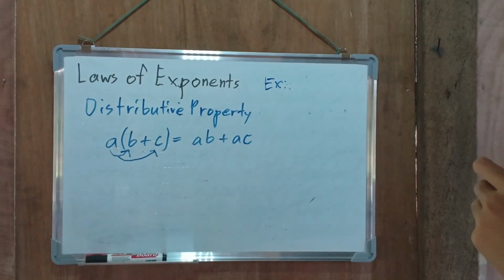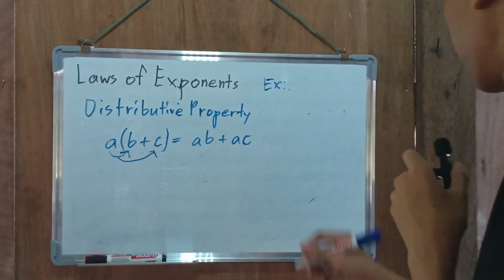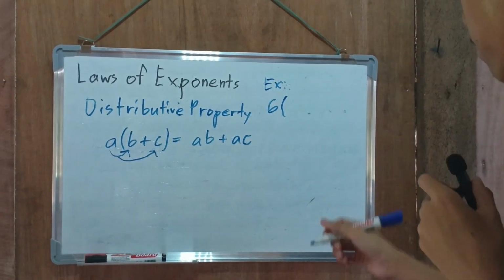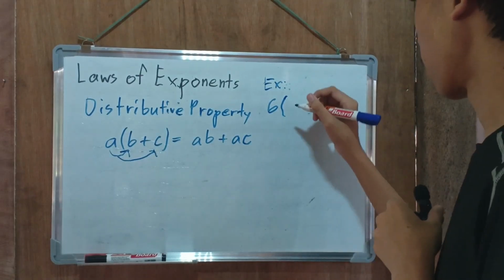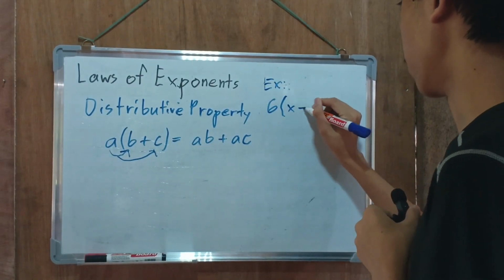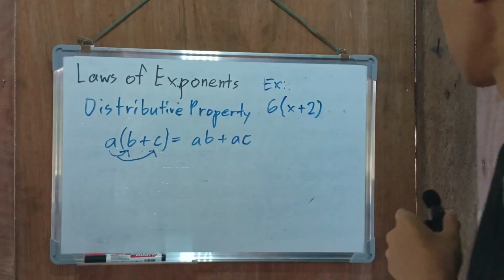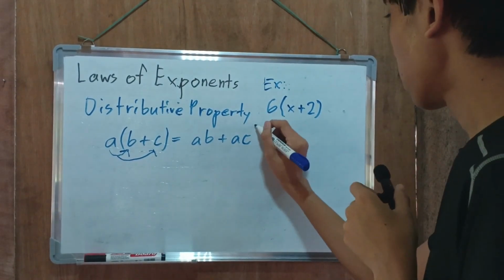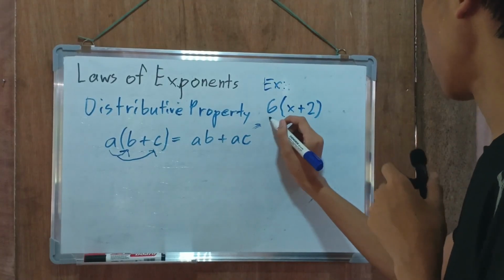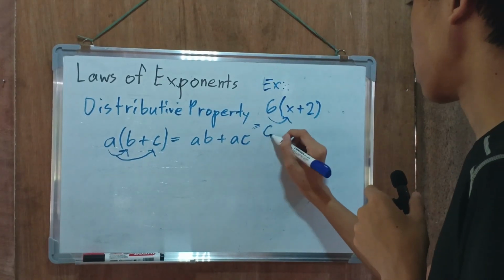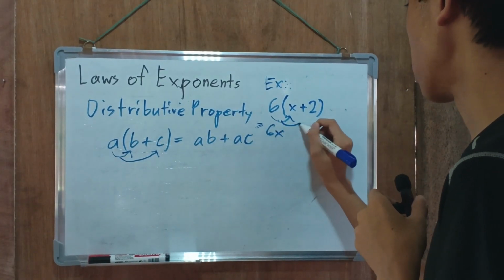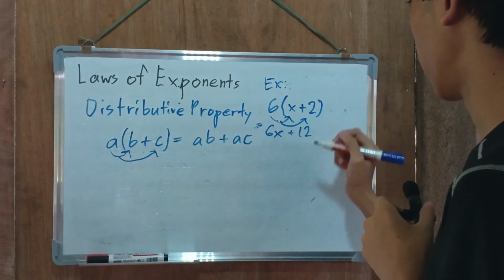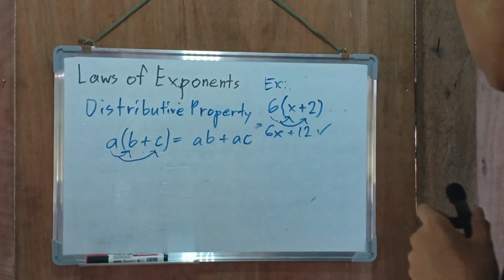Number one, 6 times the quantity x plus 2. To find the solution using this rule, 6 times x is 6x, and 6 times 2 is 12. So that is your answer.